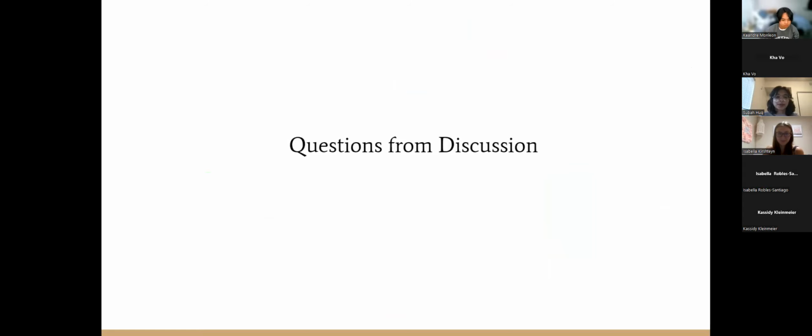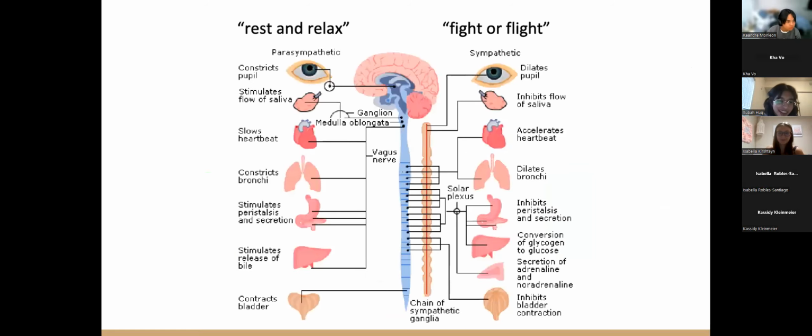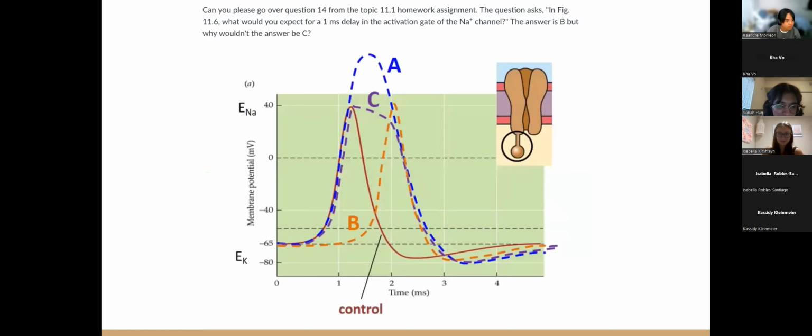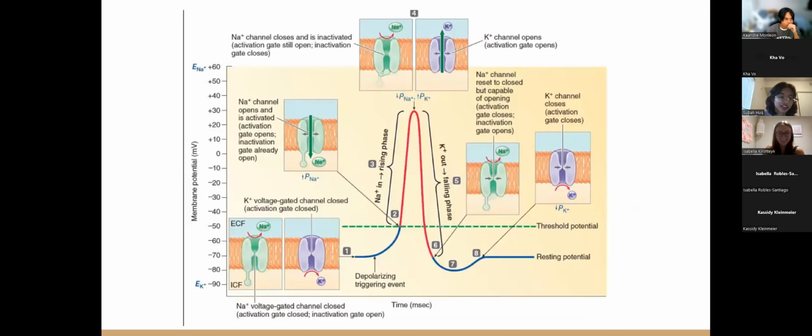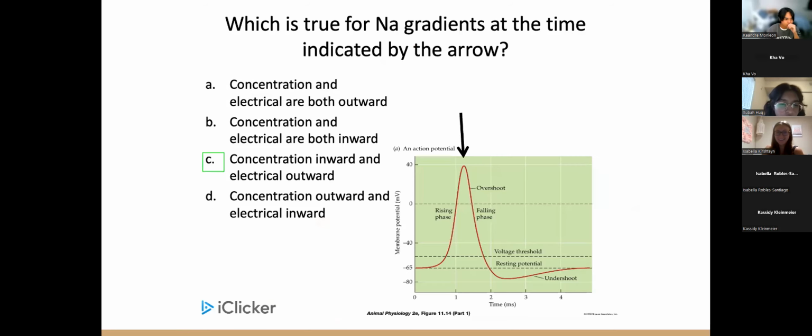Wait, go back. This one. Oh, wait, no, sorry, keep going again. Which way? Forward. One more. I can stop sharing if you want to share.